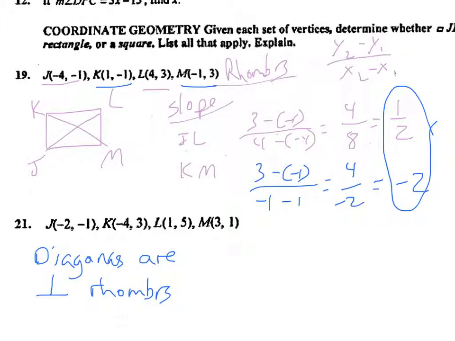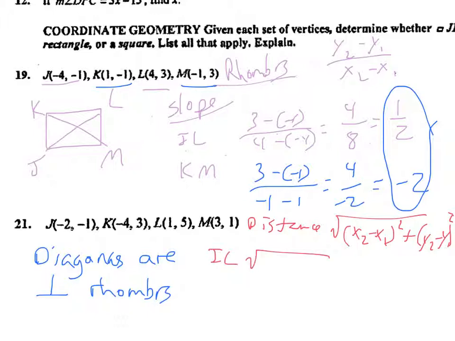Now, next part, we have to check to see if it is a rectangle. You recall for rectangle, we use the distance formula. Distance formula is the square root of x2 minus x1 squared plus y2 minus y1 squared. So we're going to find the distance of JL.